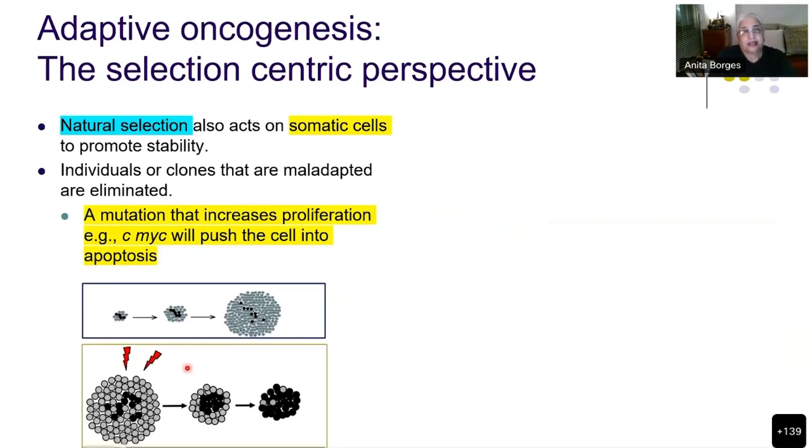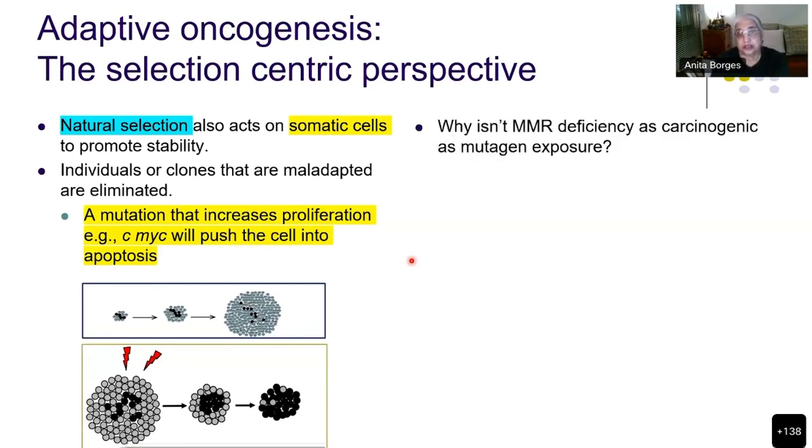So natural selection, as I said, acts also on somatic cells, and we know this. Individuals or clones that are not adapted to an environment are eliminated. I told you that a mutation that normally increases proliferation, like for instance c-MYC, pushes the cell into apoptosis. That's what's happening normally.